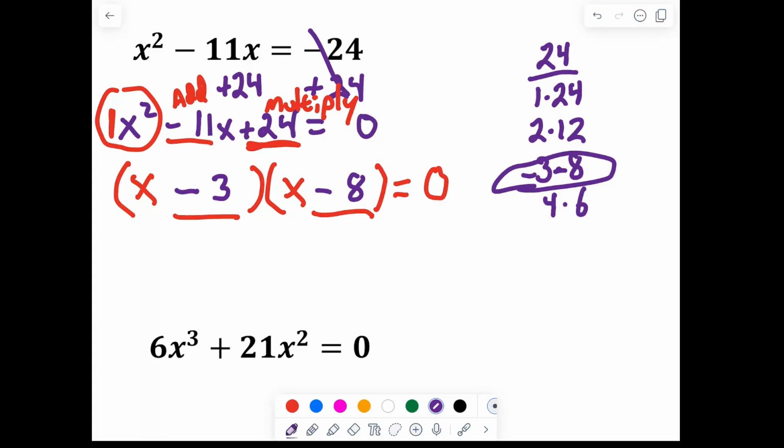I see the 3 and 8, and I see an 11 out of that. If both of these were negative, then negative 3 times negative 8 would multiply up to be a positive 24, and it would also add up to be a negative 11. So I'm going to use negative 3 and negative 8.